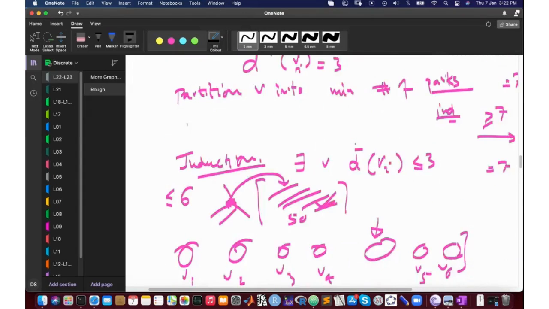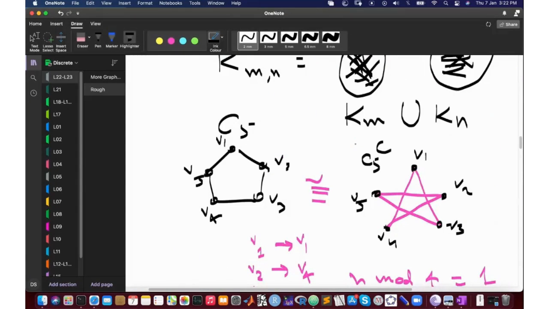Okay, let's see if there is any other thing. What's the diameter in this case? C5. I think 5. 2. 2, yes.